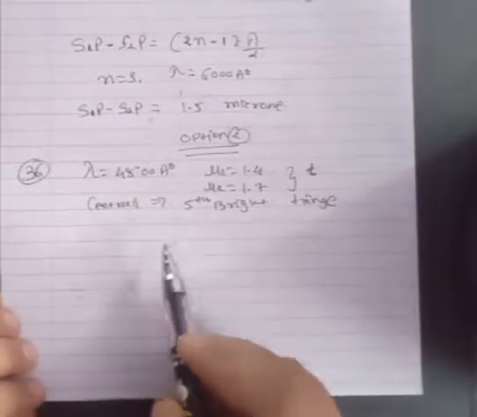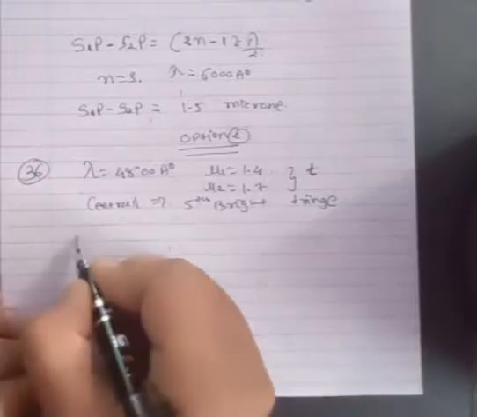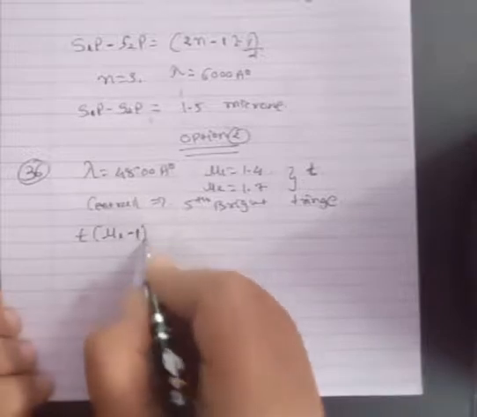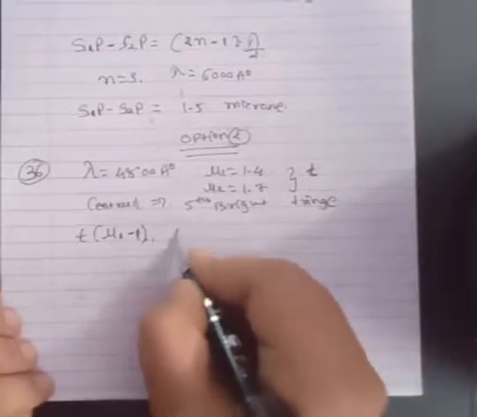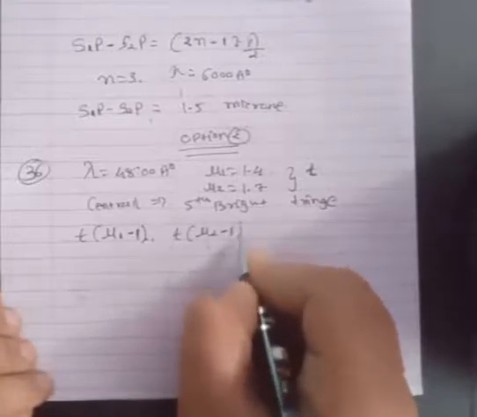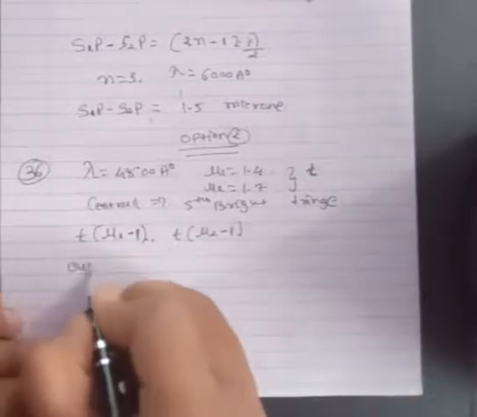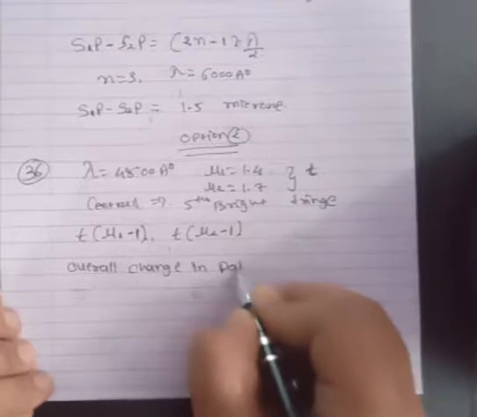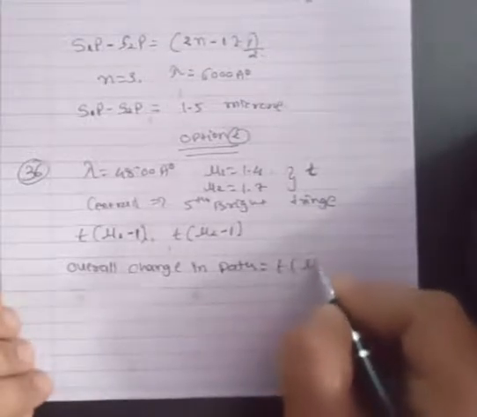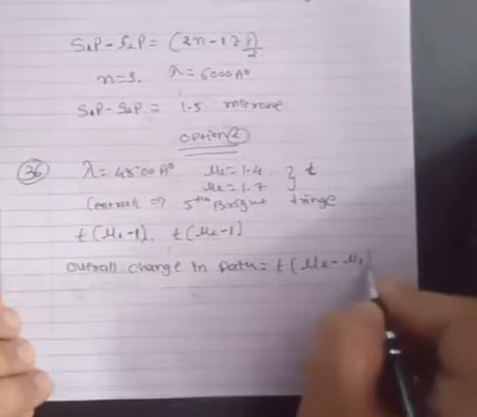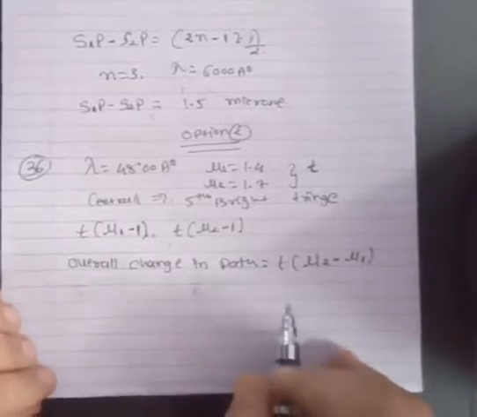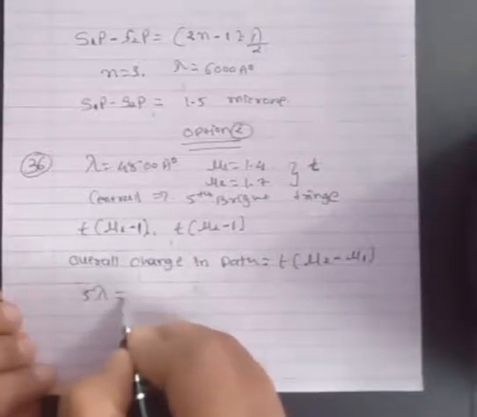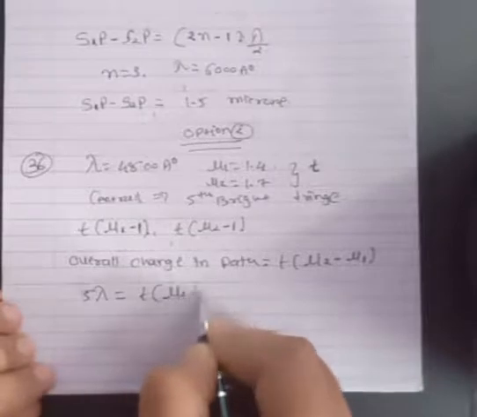The change in path due to the first glass film is equal to T into (mu1 minus 1), and the change in path due to the second one is T into (mu2 minus 1). So the overall change in path difference will be equal to T into (mu2 minus mu1). The path difference between the central fringe and the fifth bright fringe is equal to 5 lambda, and that is equal to T into (mu2 minus mu1).